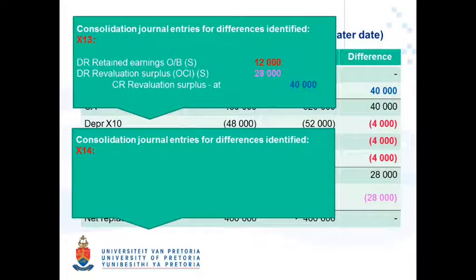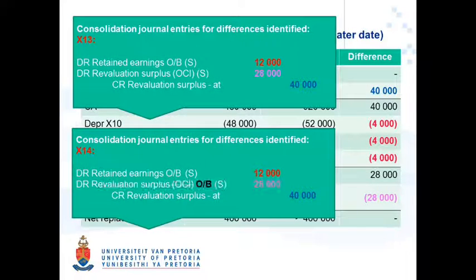How would this journal change in the X14 financial year? Again, you start off with your revaluation surplus credit of 40,000. Then you ask again, what are the other items in S that are different from what I want them to be? Again, the retained earnings opening balance for X10, X11, and X12, additional depreciation of 4,000 Rand each.